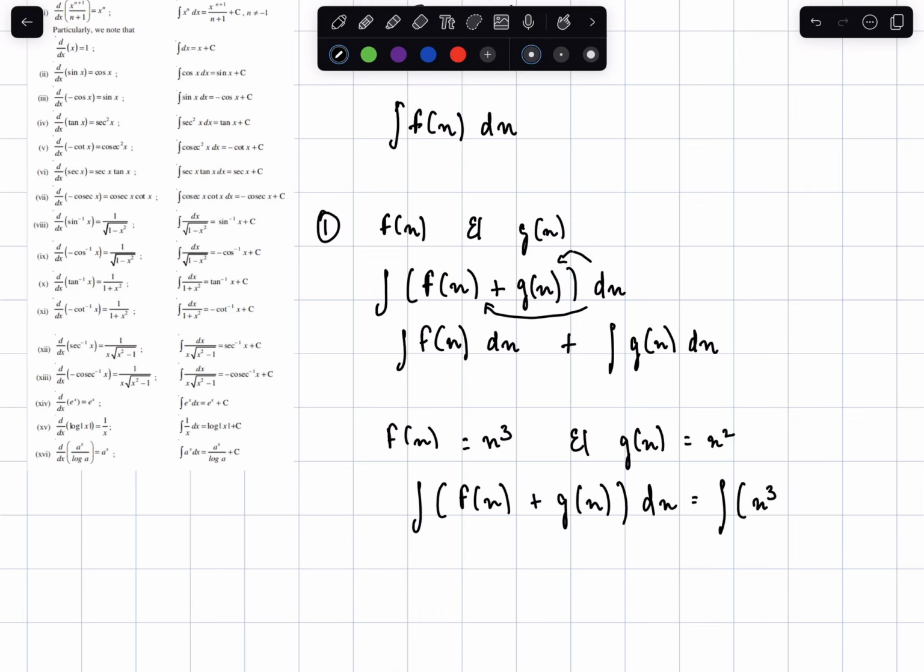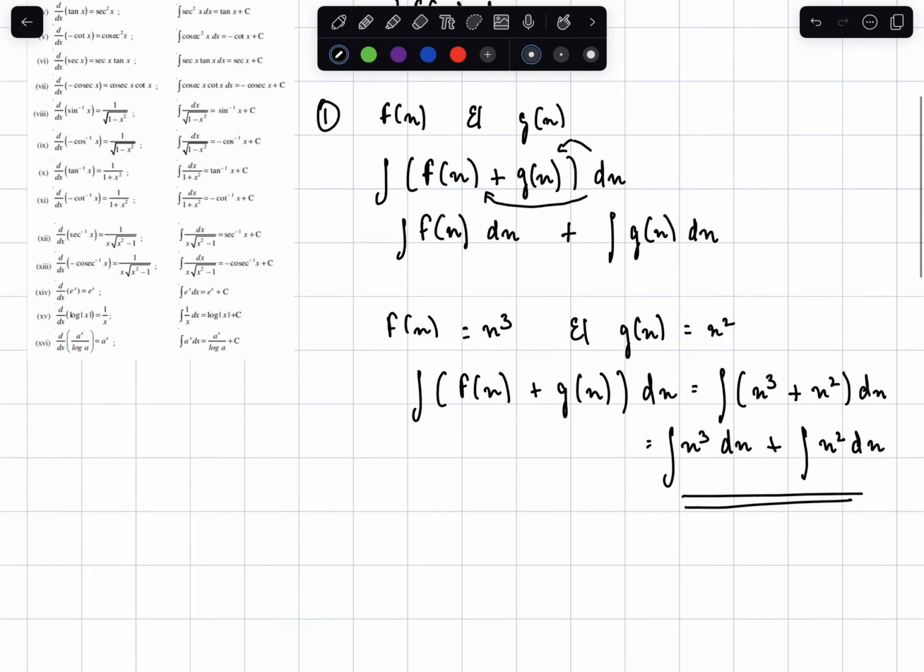Substitute g of x, x squared, dx, and then just integrate them individually, which is the integral of x cubed, don't forget the dx, plus the integral of x squared dx. This should be your representation at the very least, the most important thing.